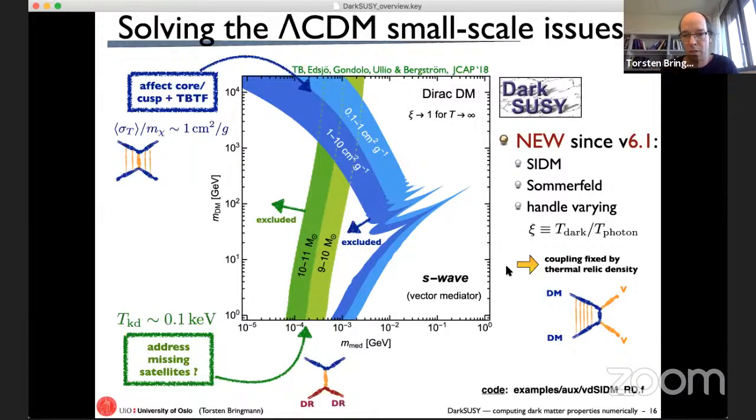And then, of course, interestingly, in such a simple model, there's this region where both curves cross. So this is a parameter region where, even with a very simple model like that, you can potentially address all lambda CDM small-scale problems. And so this is basically just a demonstration that you can use DarkSUSY to compute observables that are not accessible by classical experiments, but only by cosmology.